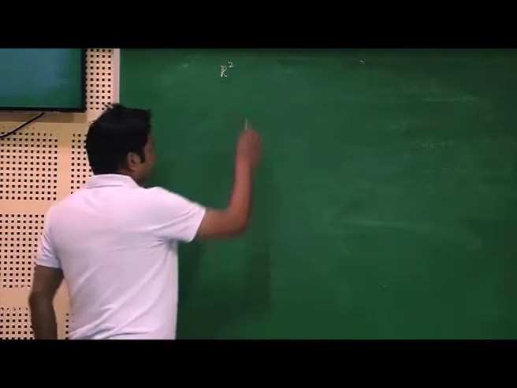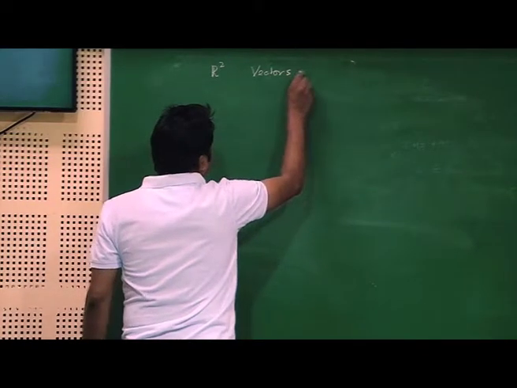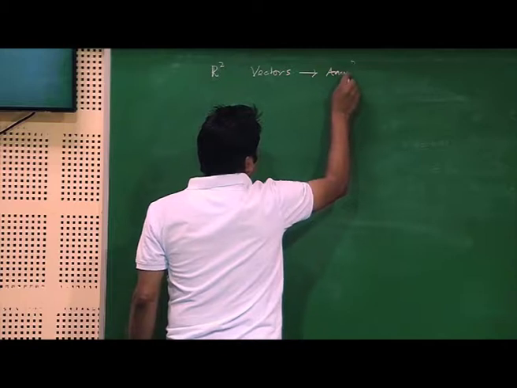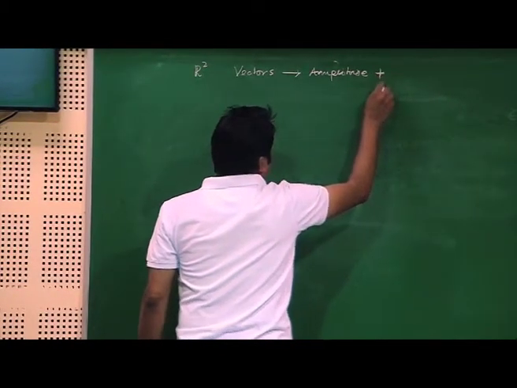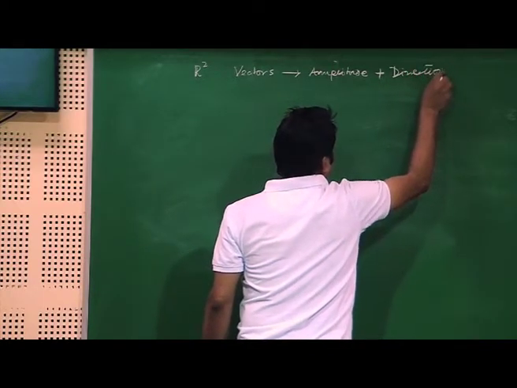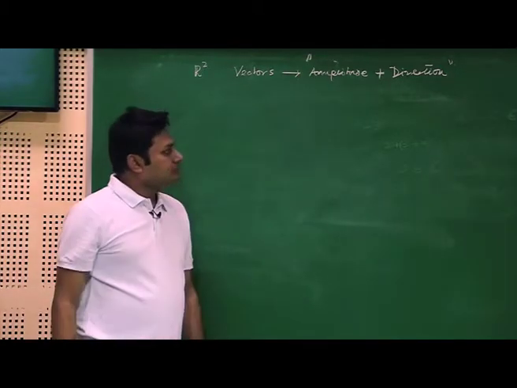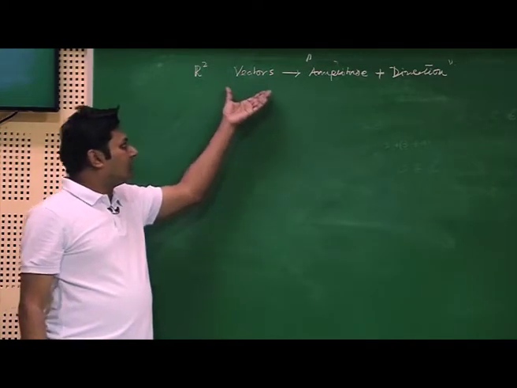These vectors, so let me first say, a vector is something which has amplitude and direction. If these two things are there, we call some quantity a vector.